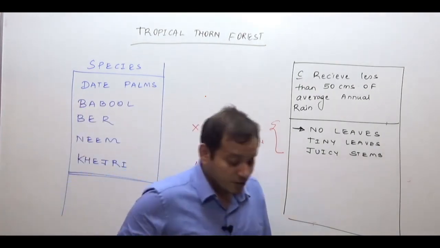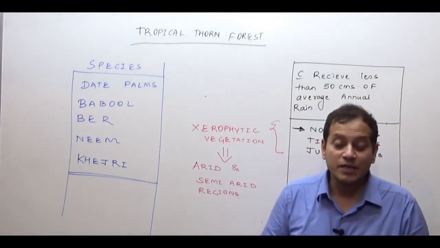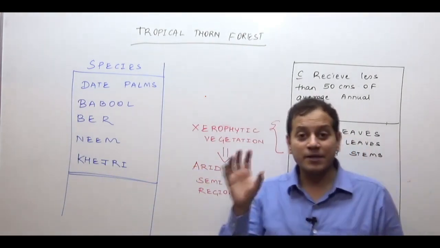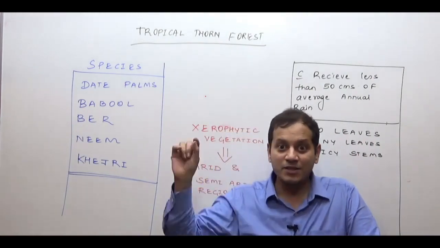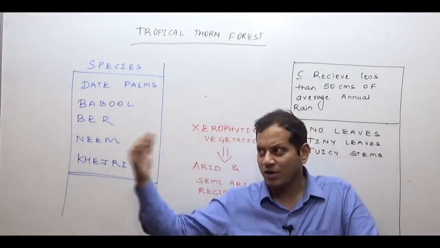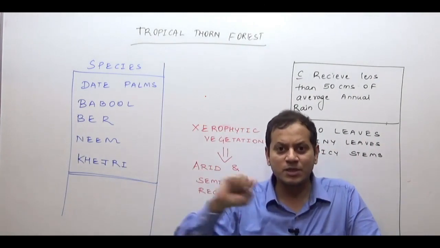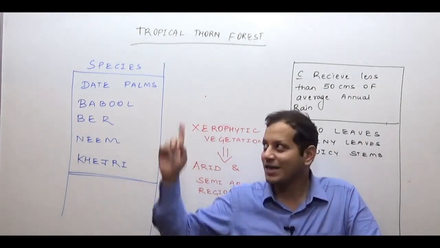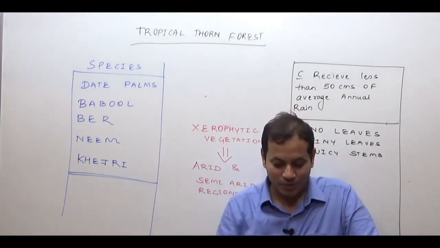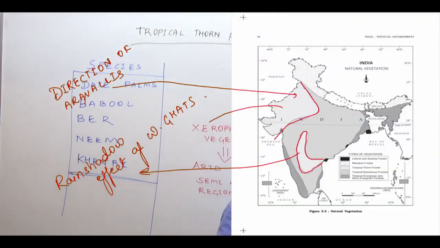So if they ask you an applied question in the examination, where are date trees found? In the Himalayan state of Himachal Pradesh or Northeast India, second option. Third option is Rajasthan. Fourth option is Orissa. What is your answer? In the tropical thorn forest. Where is the tropical thorn forest found? You can see in the map, in these regions.